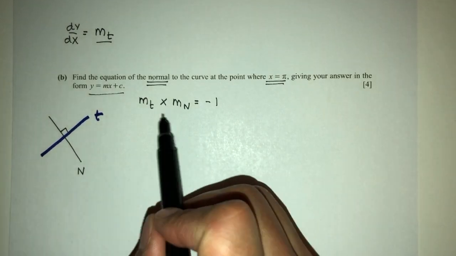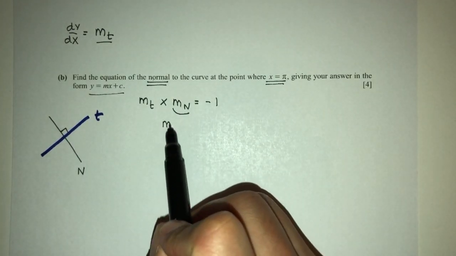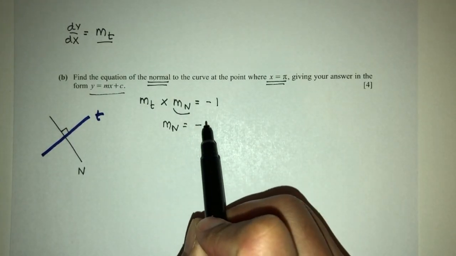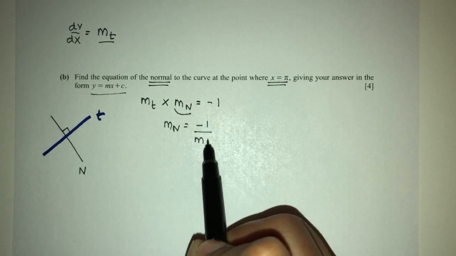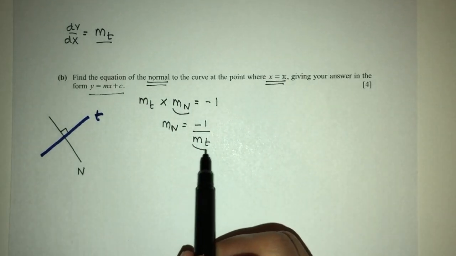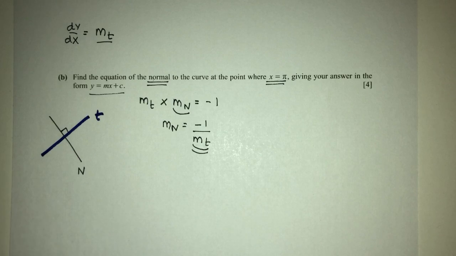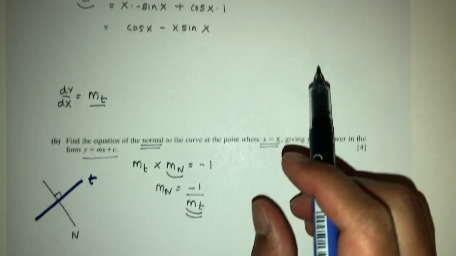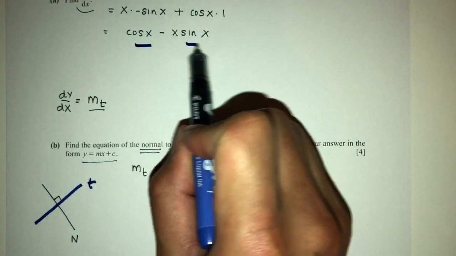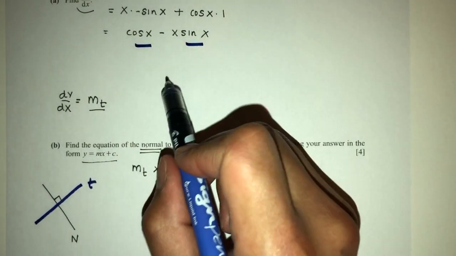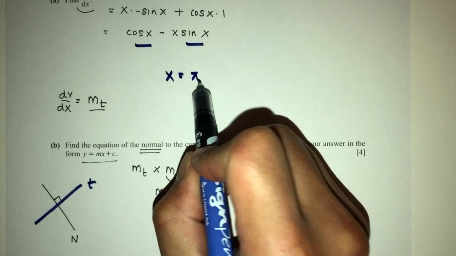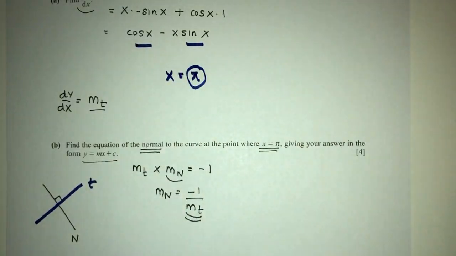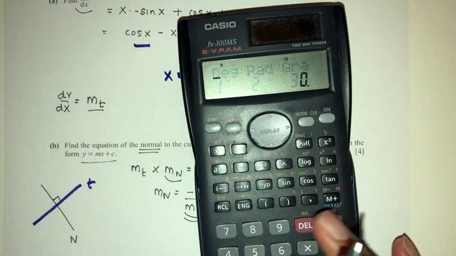Now the gradient of the normal has to be -1 divided by the gradient of the tangent. But let's first find this value. We know dy by dx was found to be this expression. Now x equals pi, we can just replace that value in this. Let's use radians.